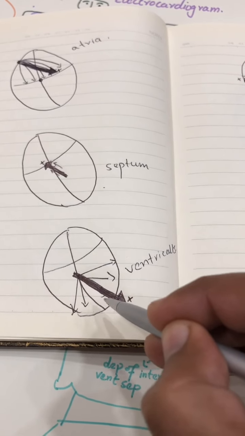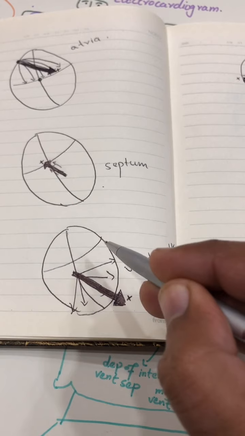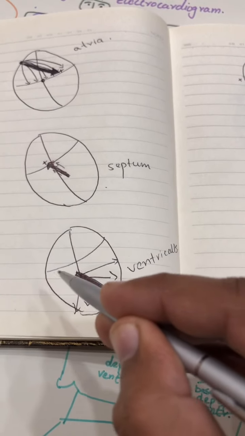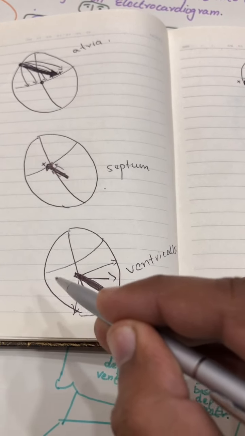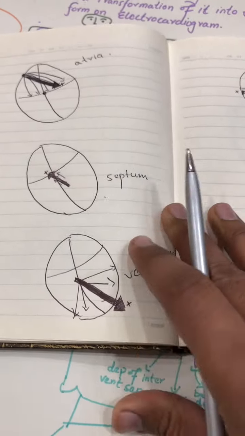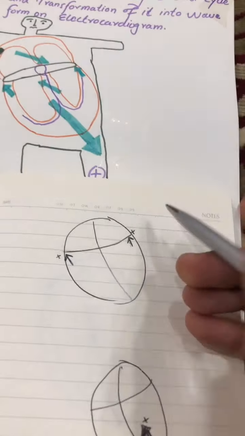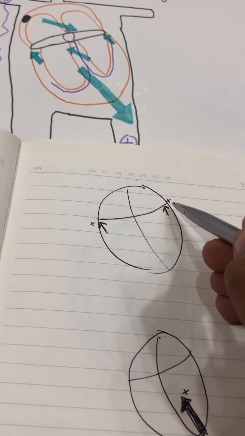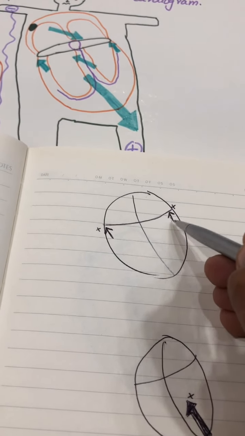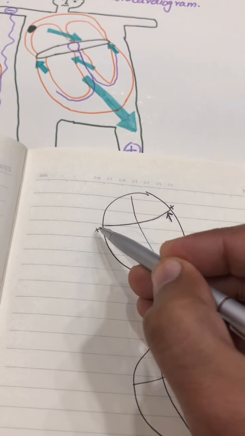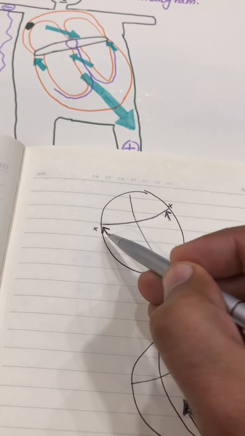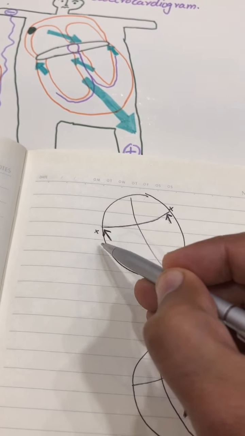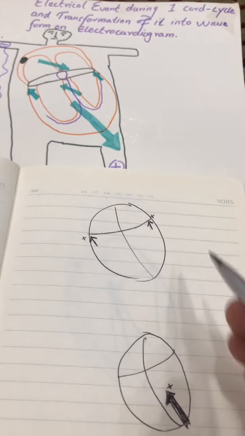Then this current will go like this, and these are actually the last part of the ventricle which are going to get depolarized, which is shown over here. So these are the last part of the ventricle which are going to get depolarized. You'll also get the positive arrow on this vector, okay, and this as well.